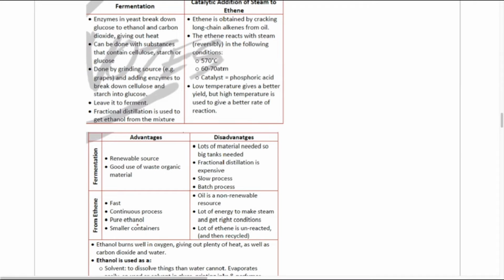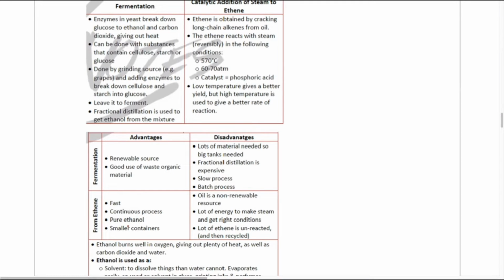Although it is reversible, and the ethanol can react backwards to form ethene, that is somehow the way to get pure ethanol. Compared to this one, which will have a lot of glucose stuck together with the ethanol. So this is purer, although there is still ethene there.